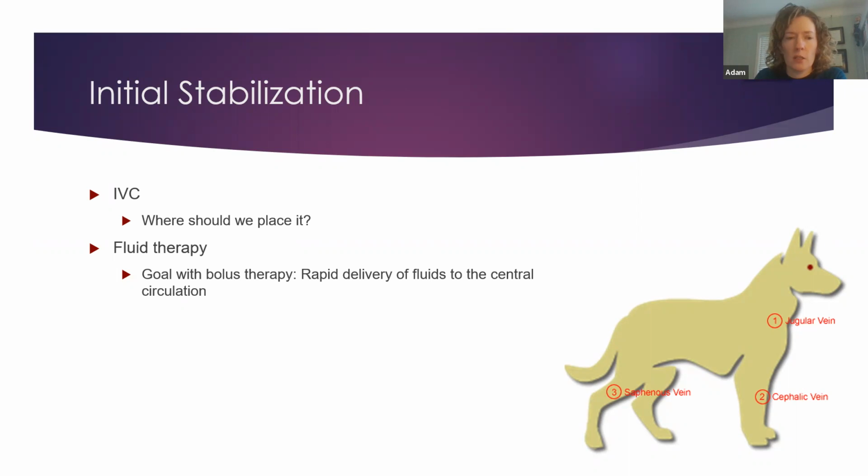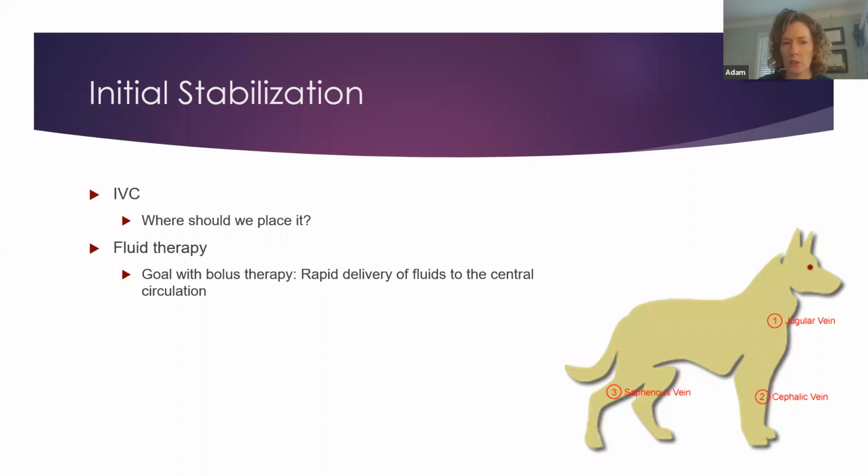So I think in the majority of situations in an emergency situation, we're probably talking about cephalic vein placement of catheters. And the idea there is that it is a little bit closer to the central circulation, meaning the heart, than the back leg.